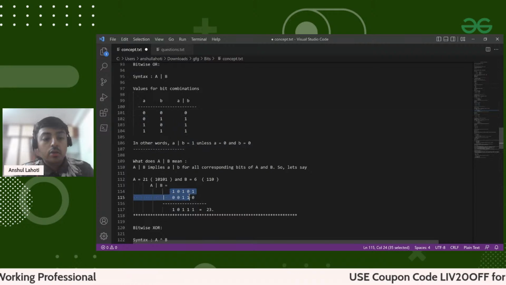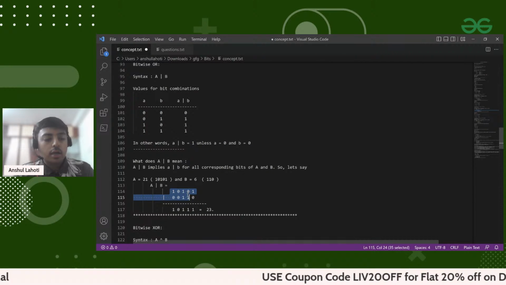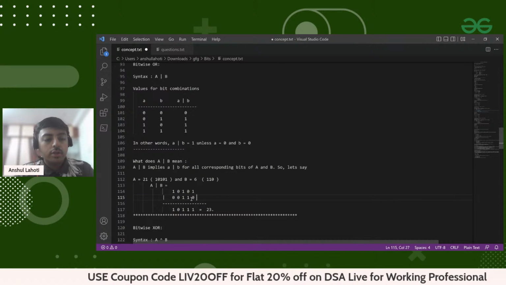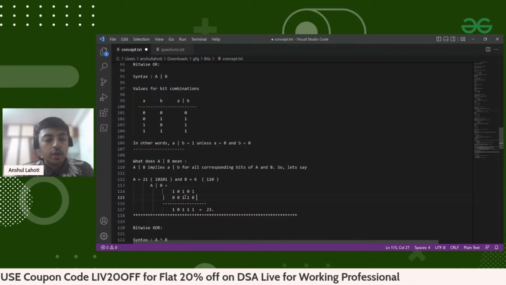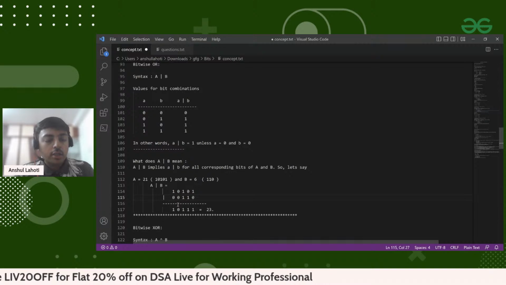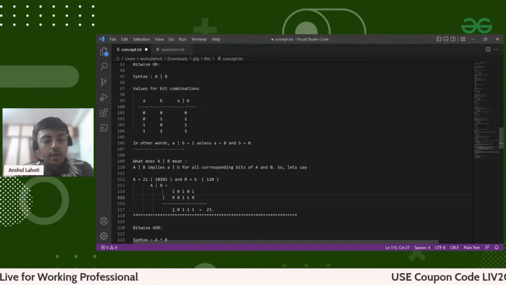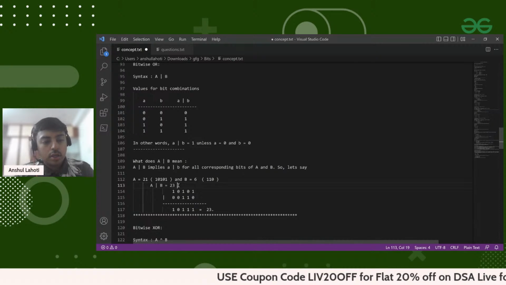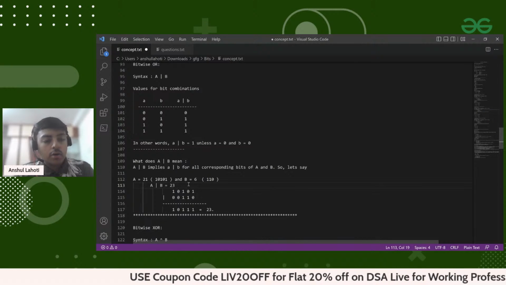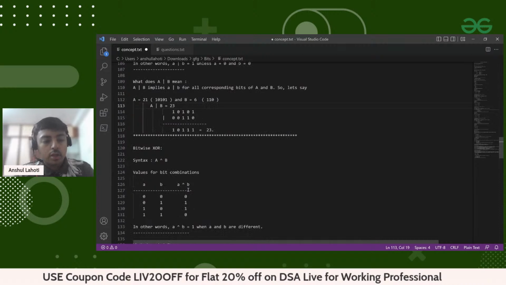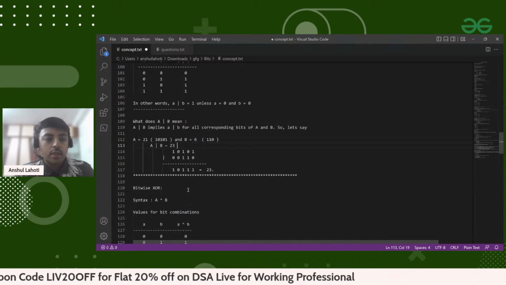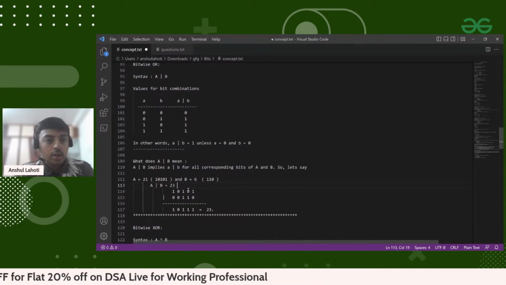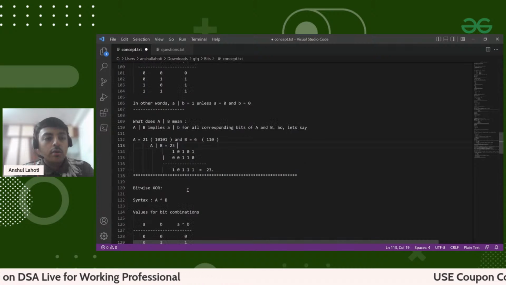If we take the OR here, 1 OR 1 is 1, 1 OR 0 is 1, 0 OR 1 is 1, 1 OR 1 is 1, 0 OR 0 is 0, and 1 OR 0 is 1. So we are getting the output 23. So A OR B is 23. That's about the bitwise OR operation.